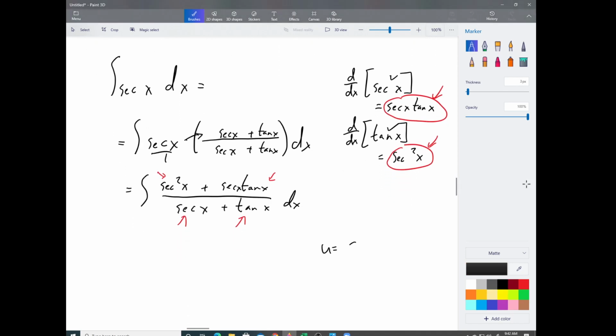So, let's take u to be what's in the denominator. And let's take the derivative of each thing.